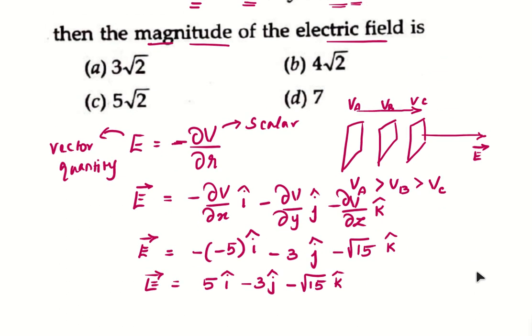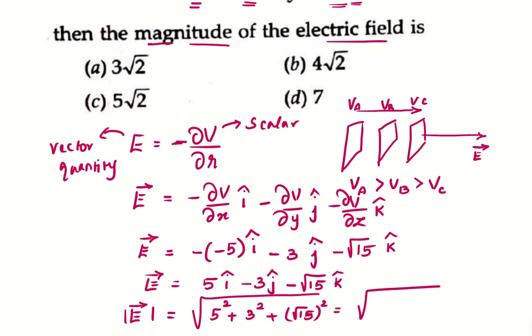But it is asked in the question that we have to find the magnitude of the electric field. For any vector, we can calculate the magnitude as the square root of the x component squared plus y component squared plus the z component squared.